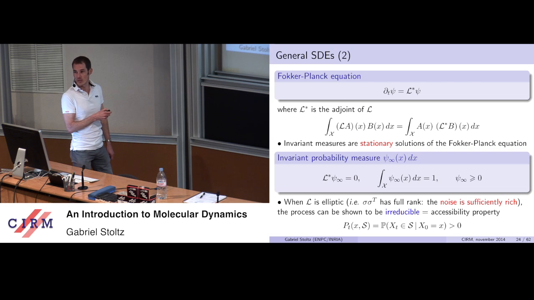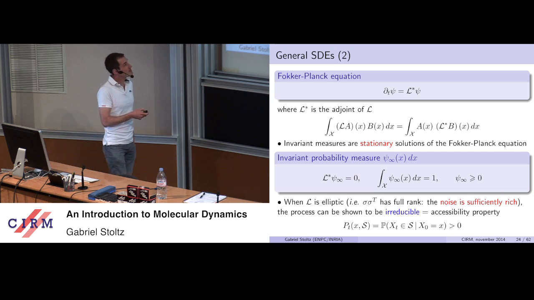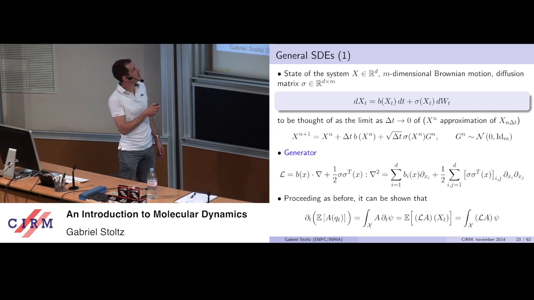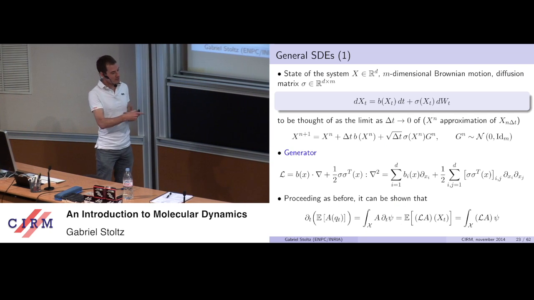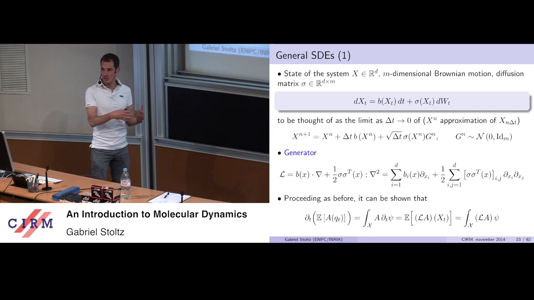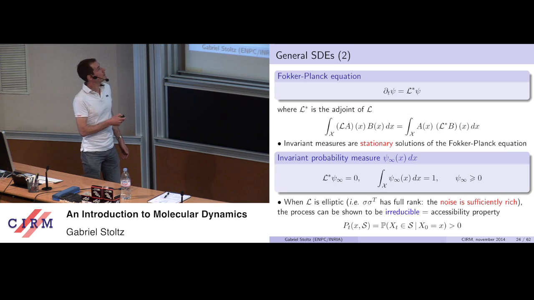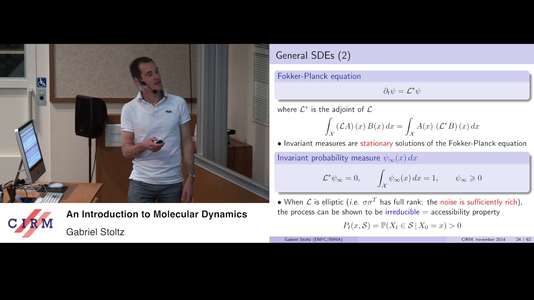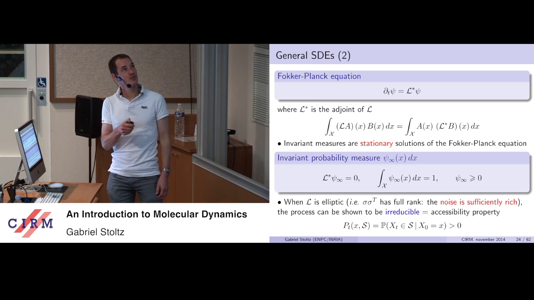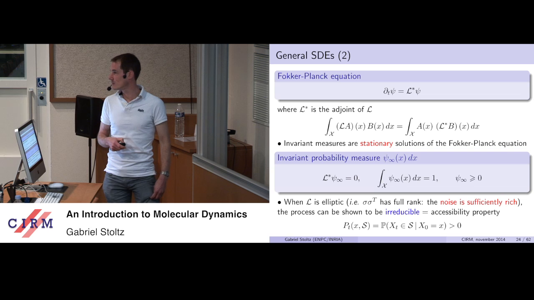And that's the Fokker-Planck equation. There is less information in the Fokker-Planck equation than in the SDE because you don't have information on the individual paths or realizations, but this at least describes the average behavior of a large collection of systems. In particular, it's sufficient to compute average properties as we want.